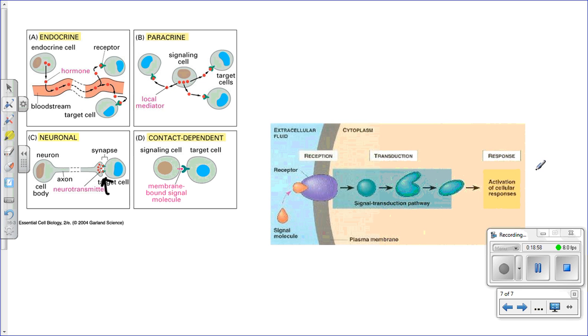Regardless, we have this whole thing happening. The way to stop it then, right, it'll cascade and keep going, keep going. The way to stop this then is to destroy the signal molecule, right? You don't want to destroy the receptor, because then you have to repair and make a new receptor. But if we destroy the signal molecule, now the whole transduction and response process stops.